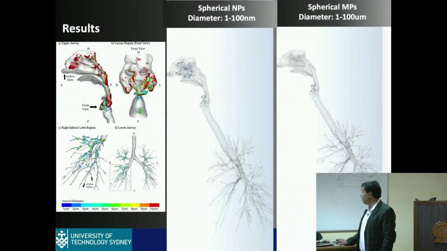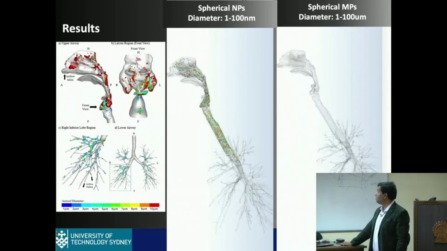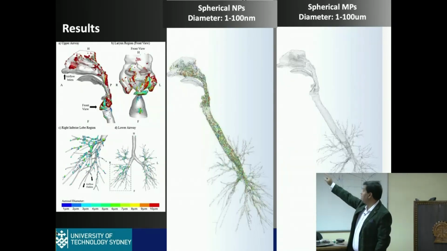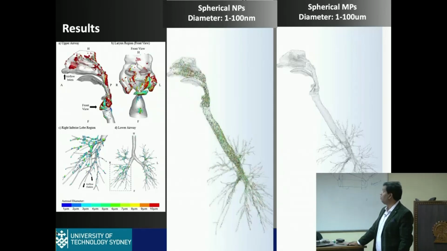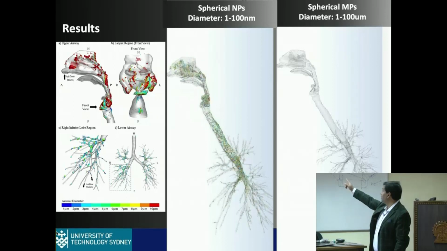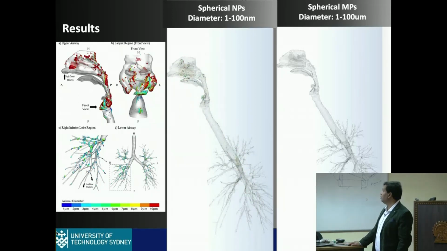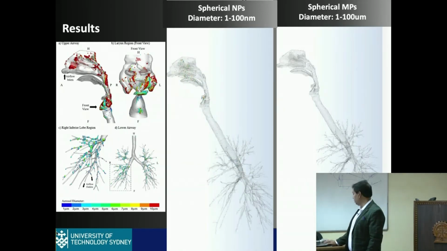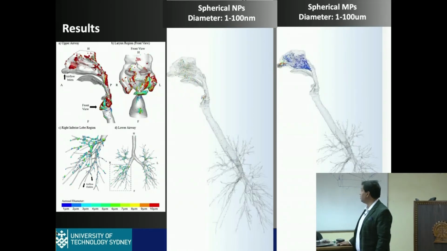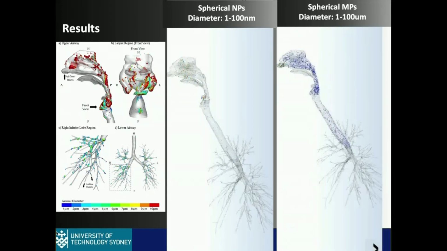So, you can see here we just inhale those plastic particles, and this is called spherical nanoplastic particles. The diameter is 1 to 100 nanometers, and the right one is the same spherical particles with a diameter of 1 to 100 micrometers. You can see the nano size particles actually go to the deeper airways. On the left side you can see how those particles are deposited.